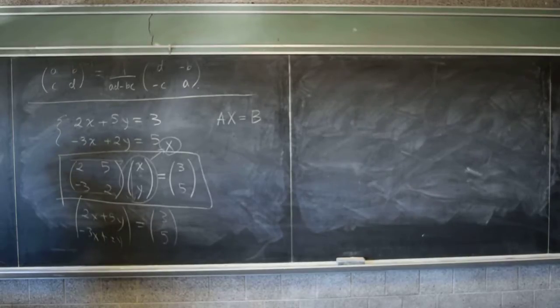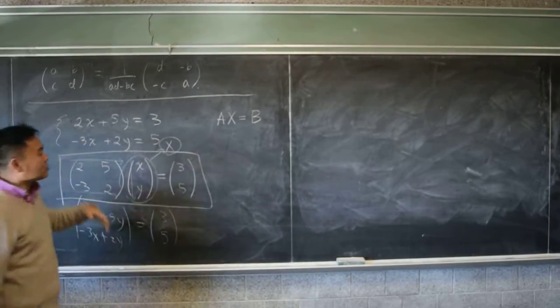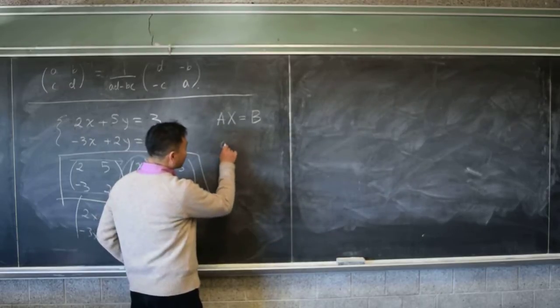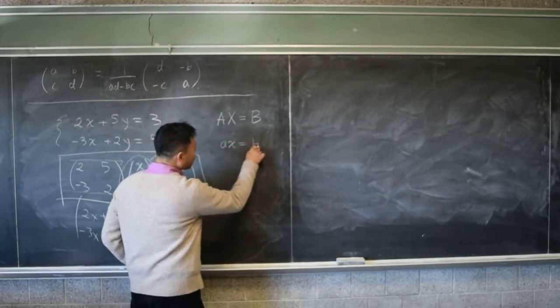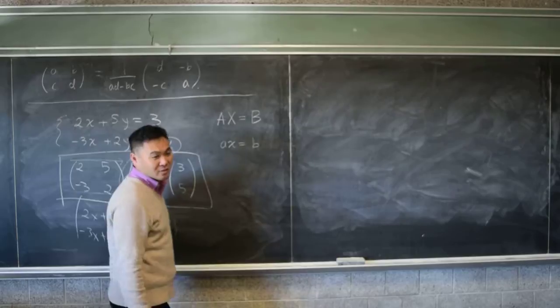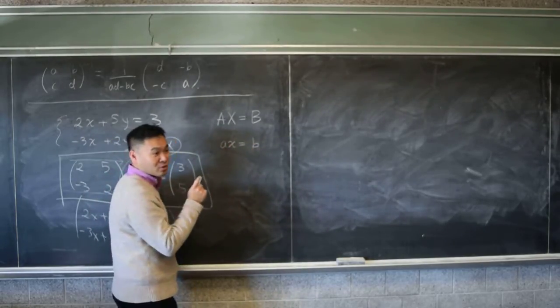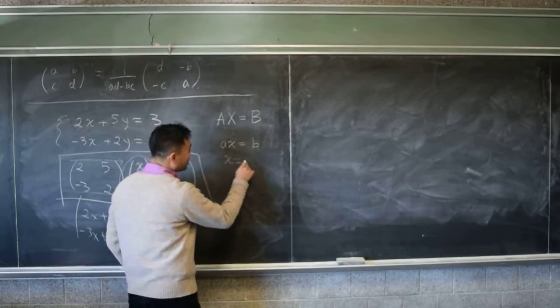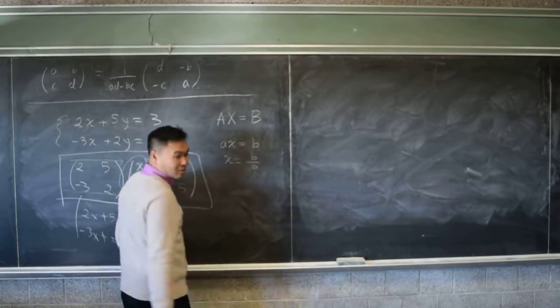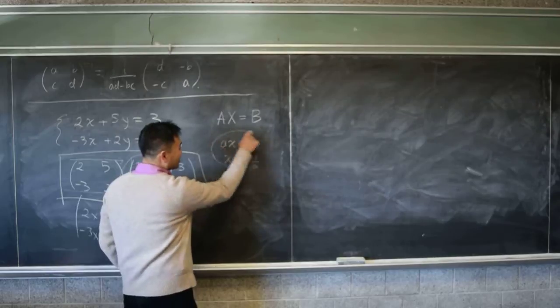Now, let's forget for a moment that these are matrices and think about a corresponding equation. How would we solve this one? If I just had ax equal to b, how would we solve this? Just divide by a, right? That would be the answer, right?